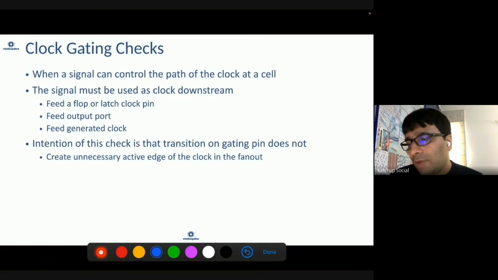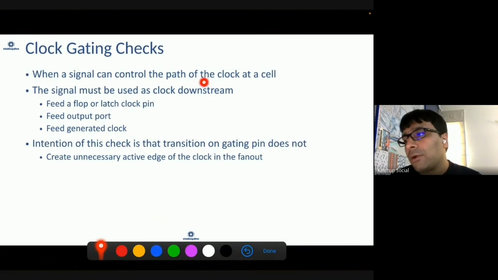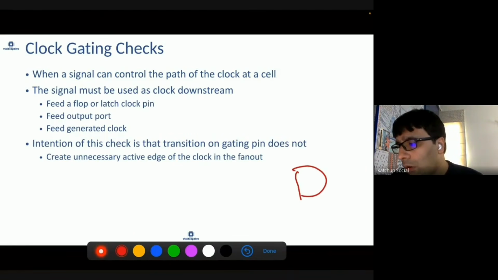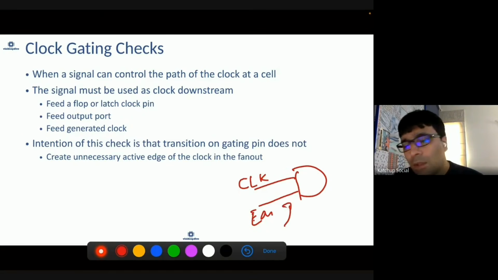Basically, it is done when a signal can control the path of the clock at a cell. So for example, let's say you have an AND gate and one of the inputs is clock, and let's say the other is enable. So this signal can control the path of the clock, and so clock gating check is done there.